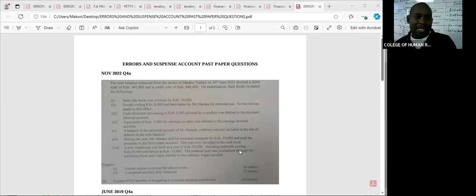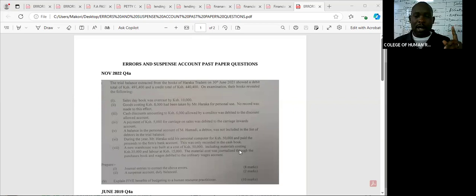Capital was never credited. So you can see again, this is an error that is only affecting one account. Bank account is sorted because we are told it was recorded in the cash book. Then we never made the double entry in the capital. So we are supposed now to credit the capital by 50,000, then we shall debit the suspense.